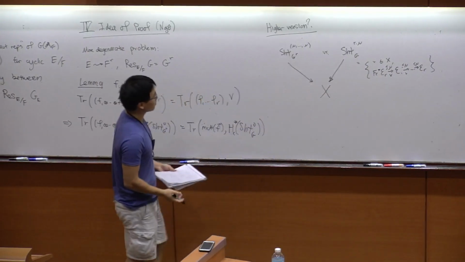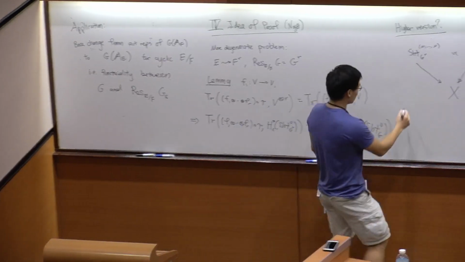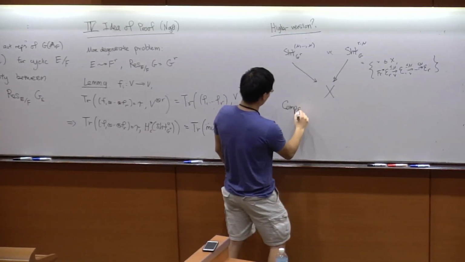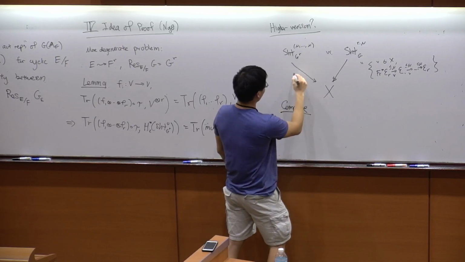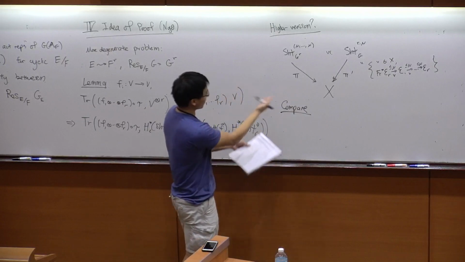And now the right version of this trace comparison is to compare, so let's call these maps π and π′. Let's compare the cohomology of π and π′.